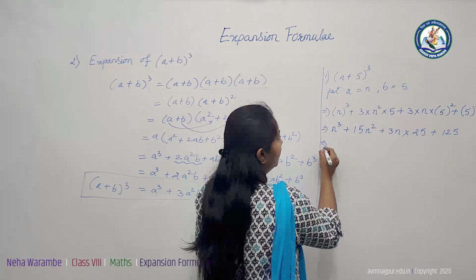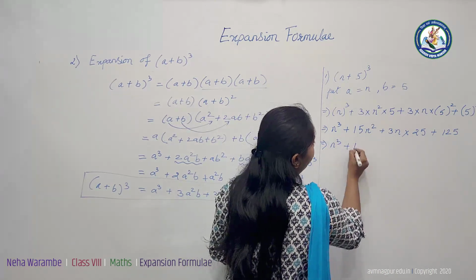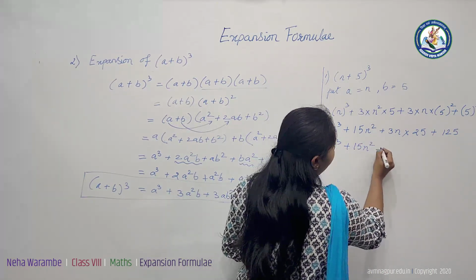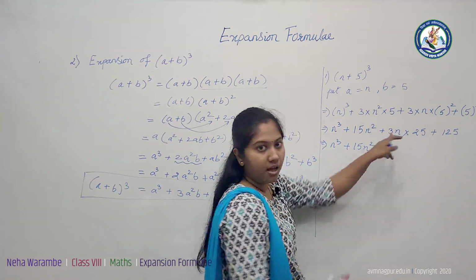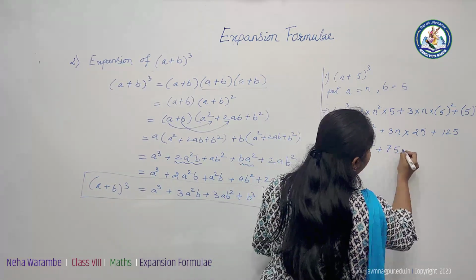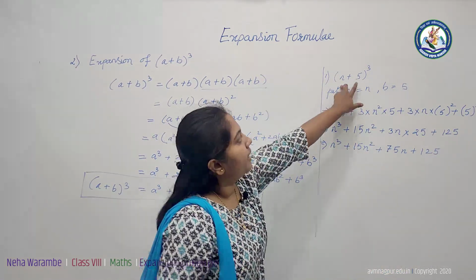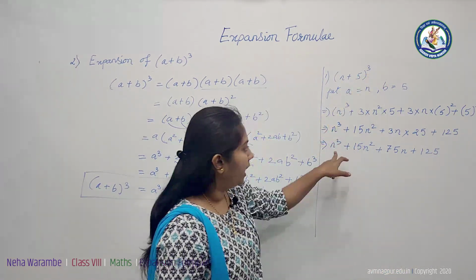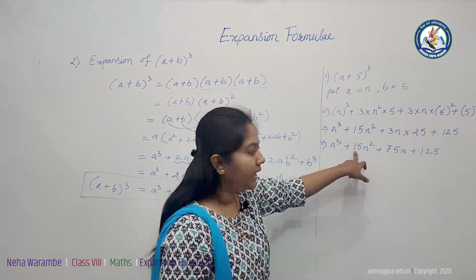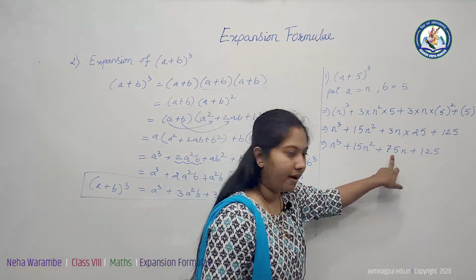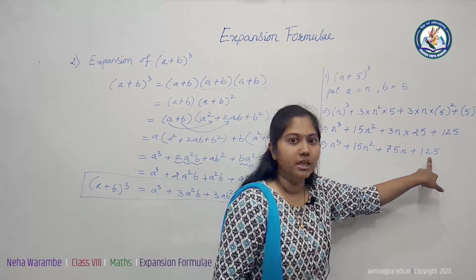Now n^3 + 15n^2 + 75n + 125. So (n + 5)^3 is equal to n^3 + 15n^2 + 75n + 125.